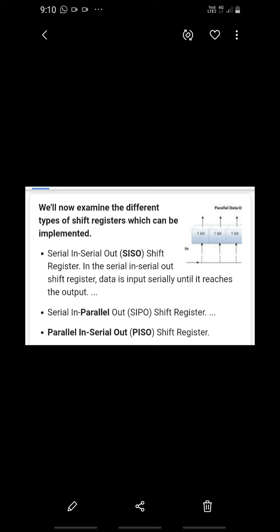Similarly, the serial in, parallel out shift register arrangement can transfer data from a low speed device to a high speed device. The IC74165 is an example for parallel in, serial out shift register.